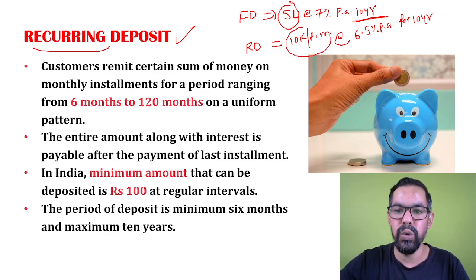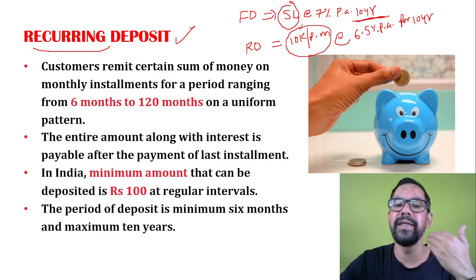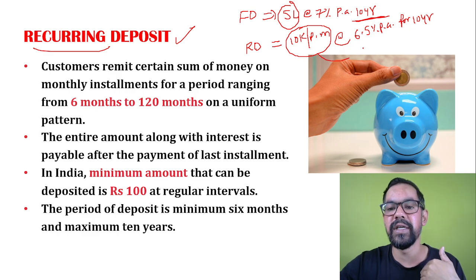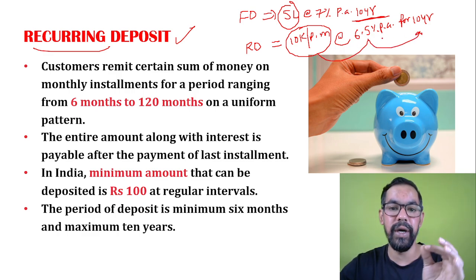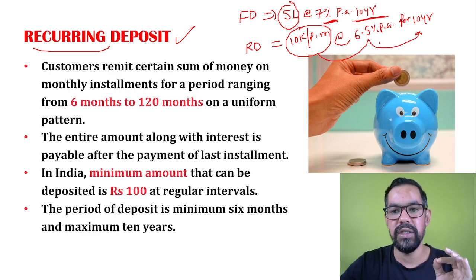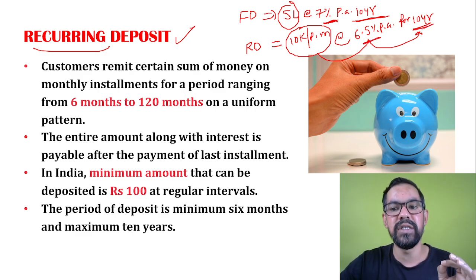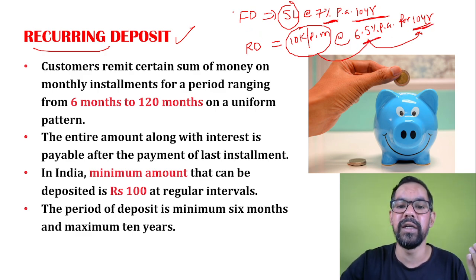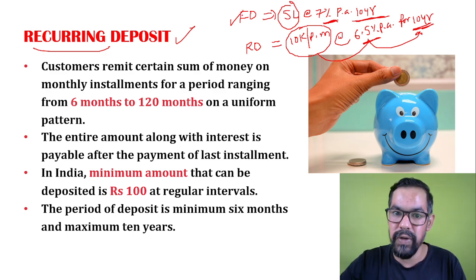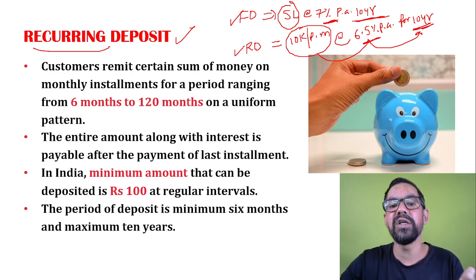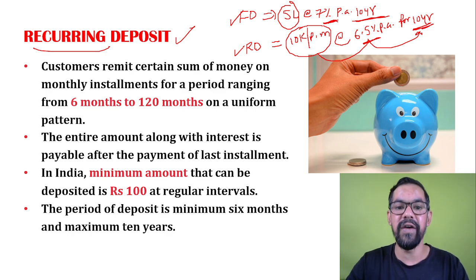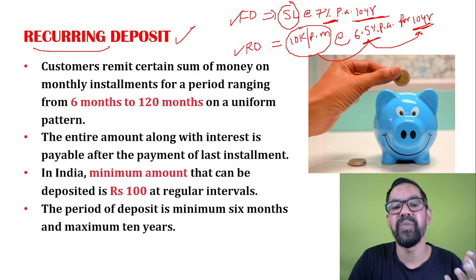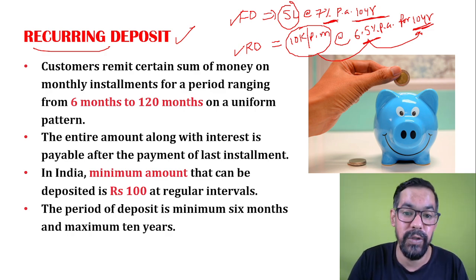Every month you are depositing 10,000 rupees at the rate of 6% for a fixed time duration. As you can see, the rate of interest is fixed again and the time duration is fixed. The only thing that changes is that you make a lump sum investment in case of FD, but in case of RD, it is recurring in nature. So every month you are depositing 5,000 or 10,000 rupees in that particular RD.